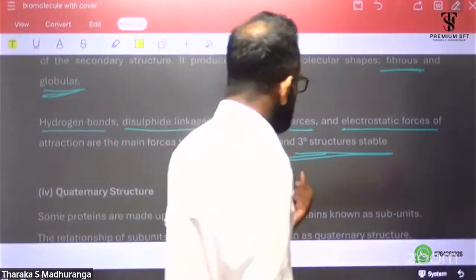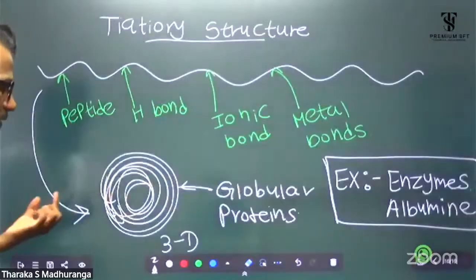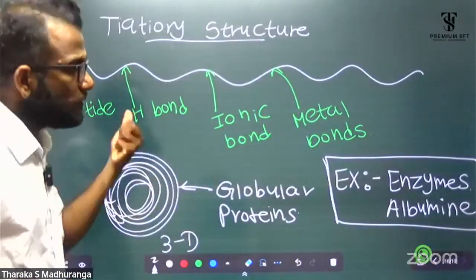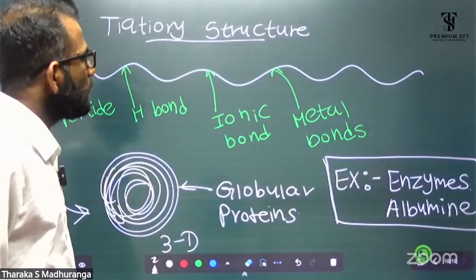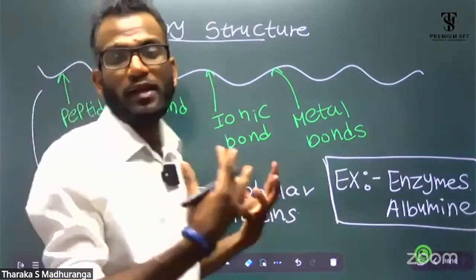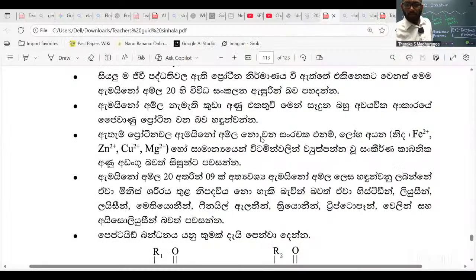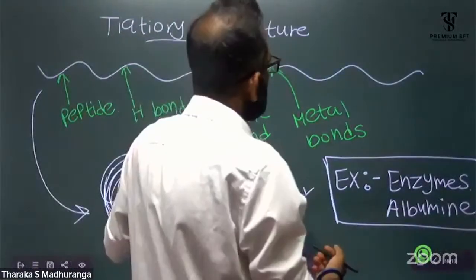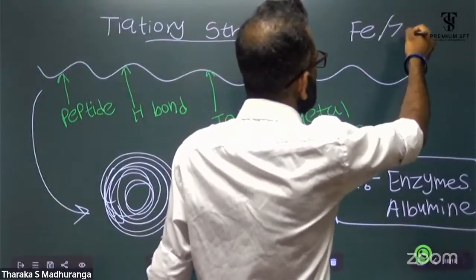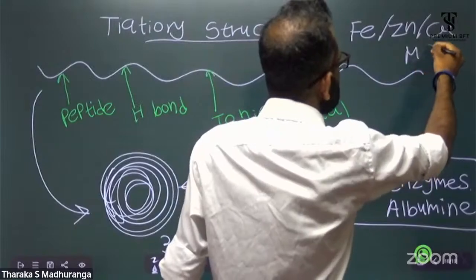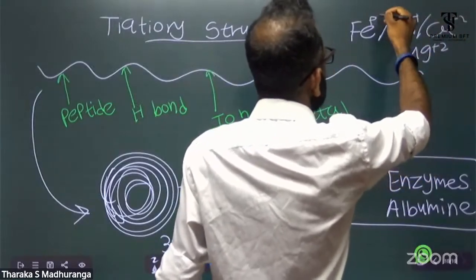Okay, final point. Additionally, in the polypeptide chain at this stage, metal ions like ferrous, zinc, copper, magnesium also combine with the polypeptide chain. Ferrous +2, zinc +2, copper +2, magnesium +2.